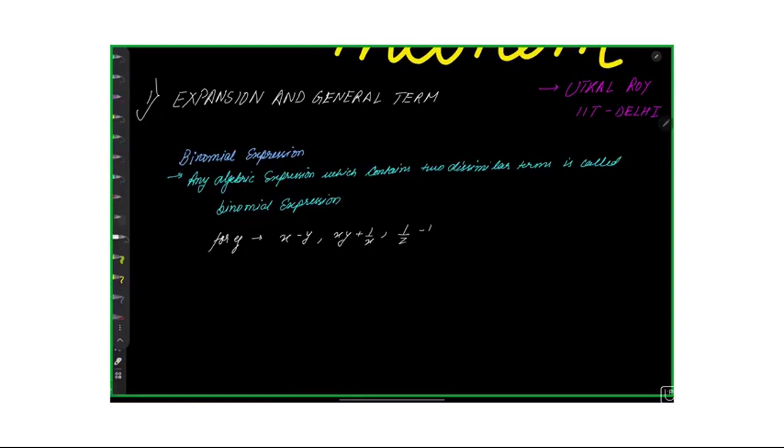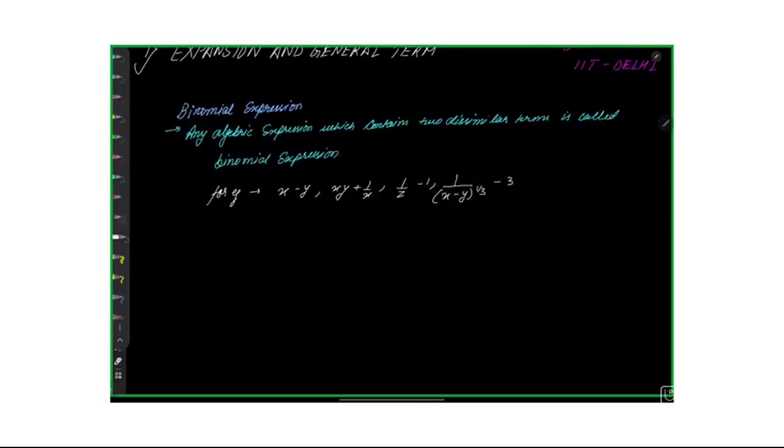Two dissimilar terms. So here the variable is only z, but they are dissimilar terms. Right? It is not 2 minus 1 or 2z minus z, right? Two dissimilar terms. 1 upon x minus y to the power 1 by 3 minus 3, right? They are dissimilar terms.